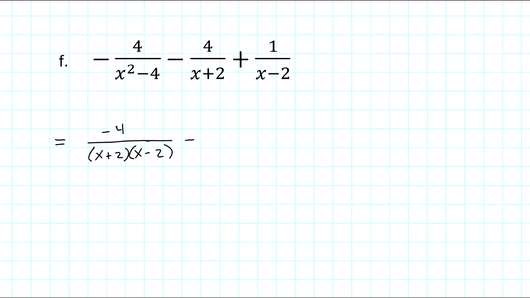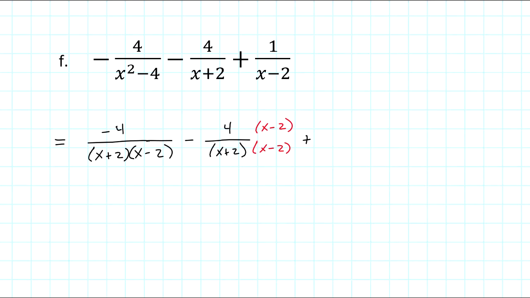The second one we'll write minus 4 over, and then we've got the x plus 2, but we want to multiply this top and bottom by an x minus 2 to get our common denominator of x plus 2 times x minus 2.